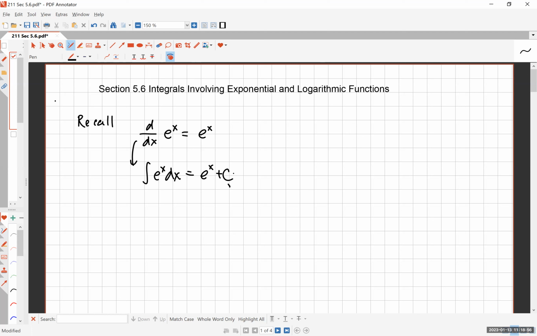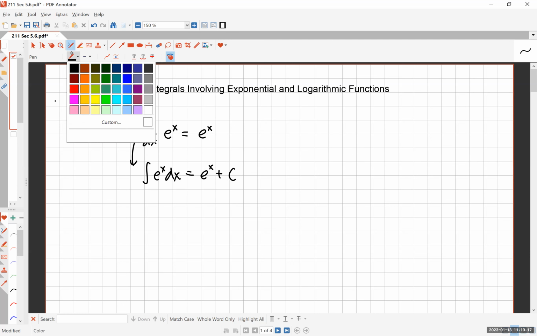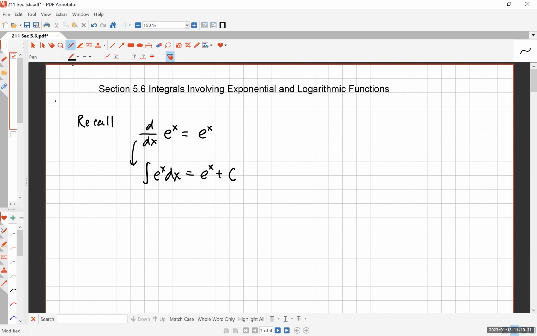And I made a comment that this function, e to the x, the exponential function, and its constant multiples are the only functions whose derivative is itself, right? And so it is one of those very unique functions. And that sort of highlights the importance and the uniqueness of this number e among all of the real numbers.